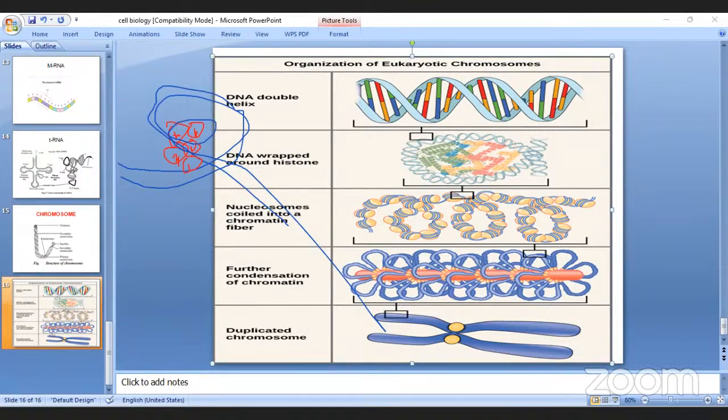Like this, one stands here and another somewhere here, and imagine the same on the backside also.